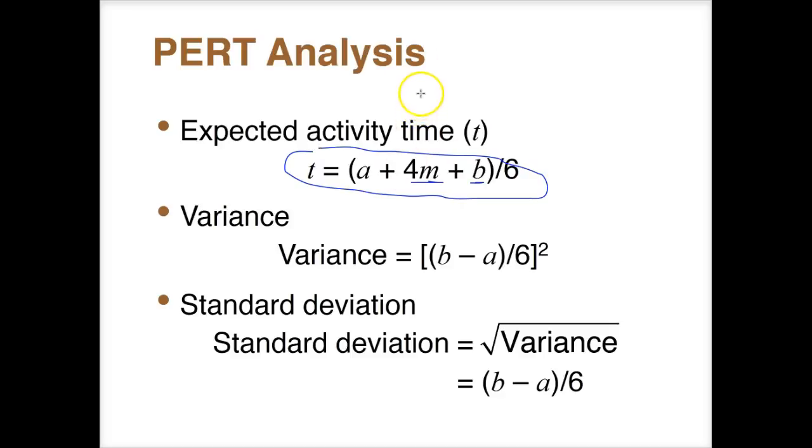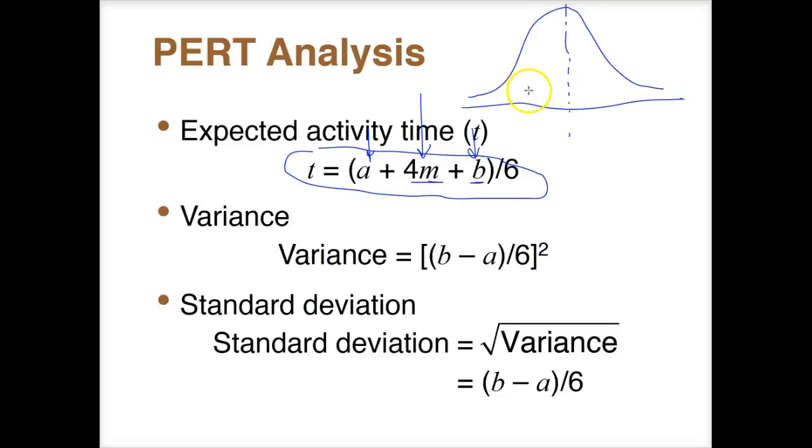If you see here, the most likely time is weighted at 4, whereas the optimistic time, which is here, the A, and the pessimistic time only has a weight of 1. And you notice that this is being divided by 6. Now, if we look at a probability density function, mainly our bell curve here, we know that our mean time is going to be right here in the middle.